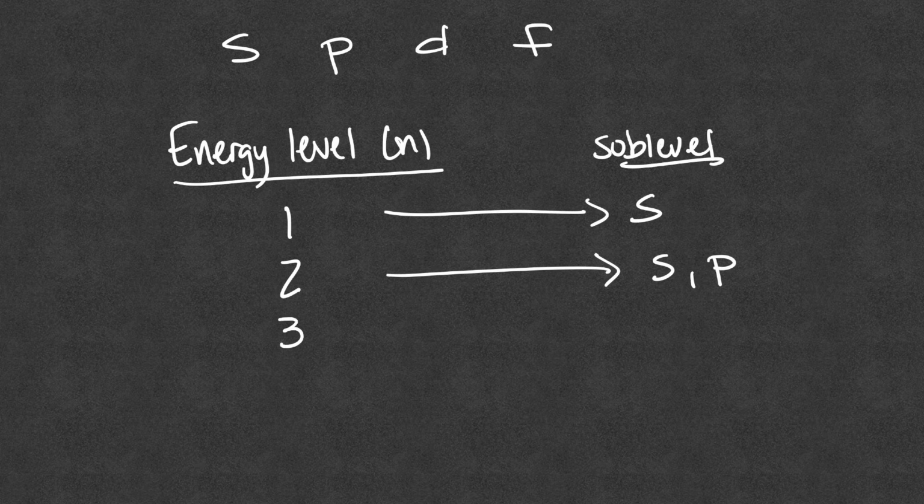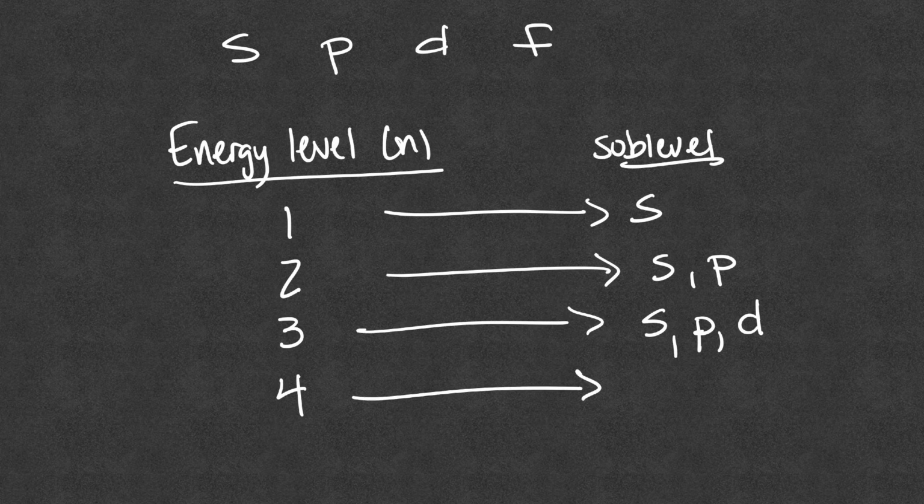In energy level 3, you have the S, P, and the first time you have the D sublevel. In energy level 4, we will have the S, P, D, and then F. It goes on with this trend. There are other sublevels, but all the electrons of all the atoms we know so far could fit within these first 4 sublevels, as long as the electrons are not excited.